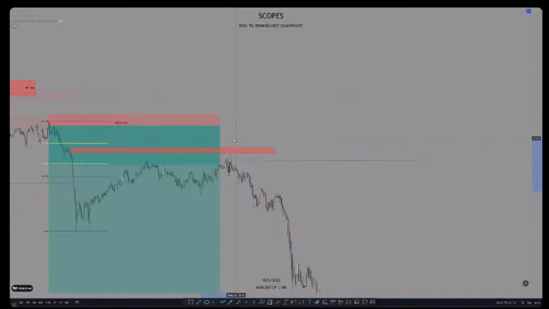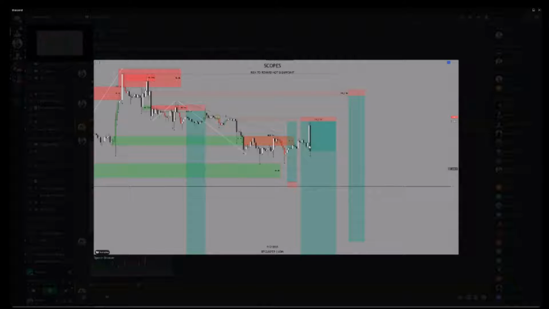It came in, touched, put me in the trade, and when we got to here, I was probably, I think, 120 or 150% up. I was thinking about pulling it off because it was news, but I didn't end up doing it. And as you can see, it came back up and wicked me out by a tiny bit.